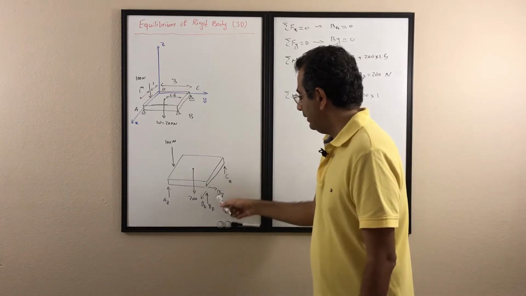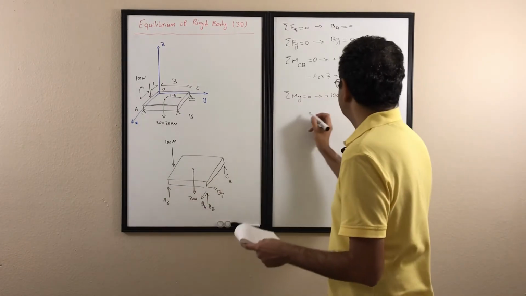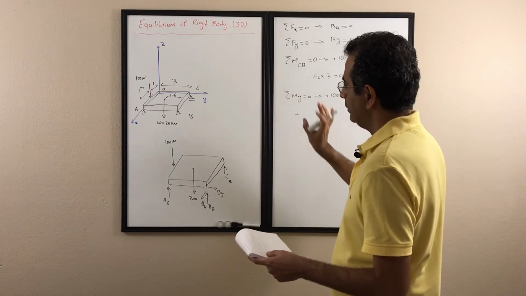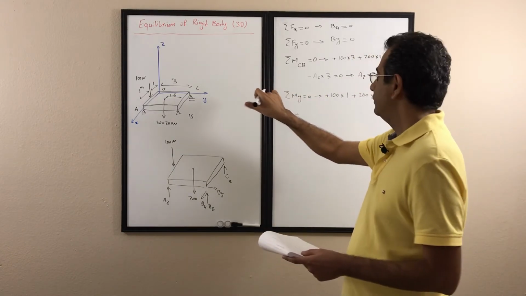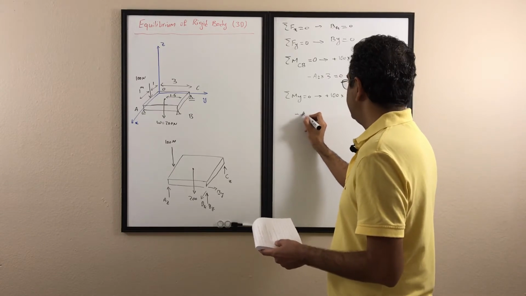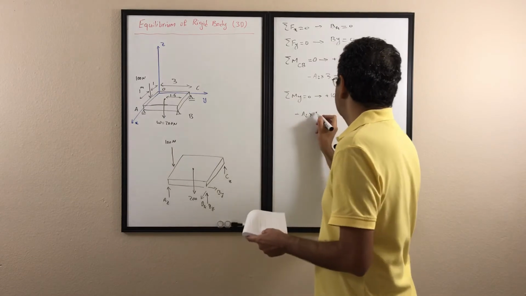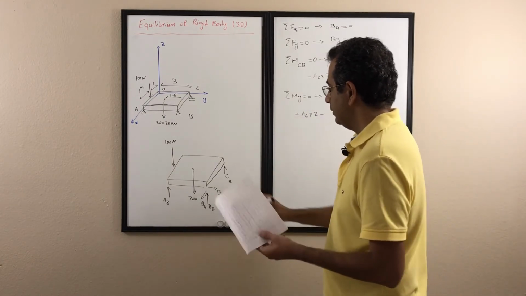If you look at that, then we have the AZ, which rotates like that, and my thumb is in the negative direction of y, so it's going to be negative AZ times the distance from here to the y-axis, which is 2. And then the BZ is also going to be negative.